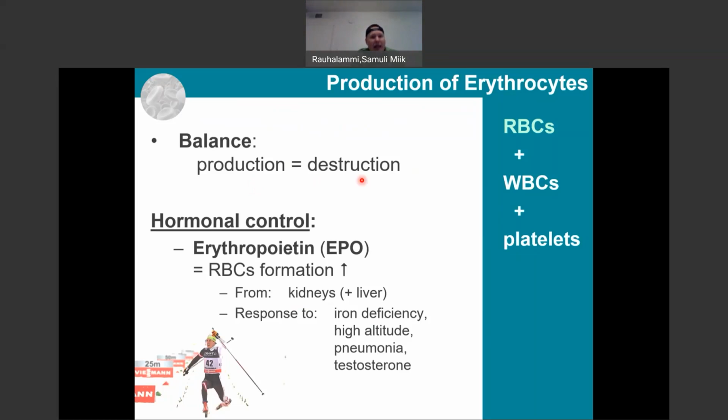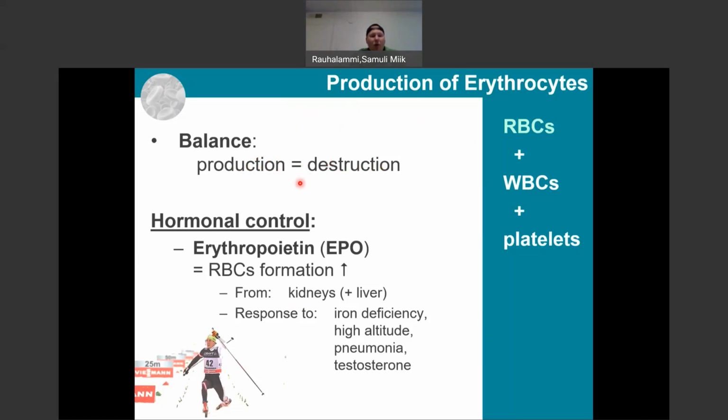But really, the making and removing of the red blood cells should be in balance. So we should be putting out the same amount as we're removing from the blood to maintain the homeostasis that we discussed in the last session.